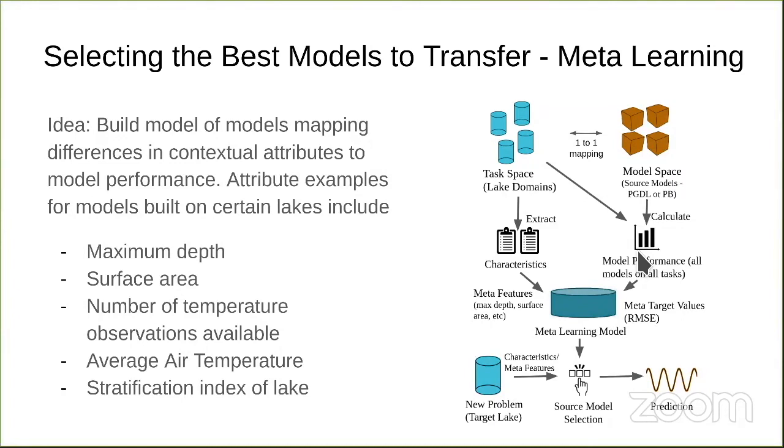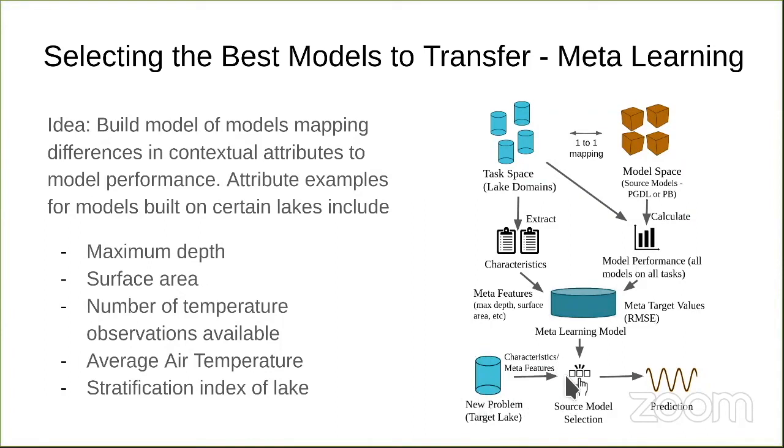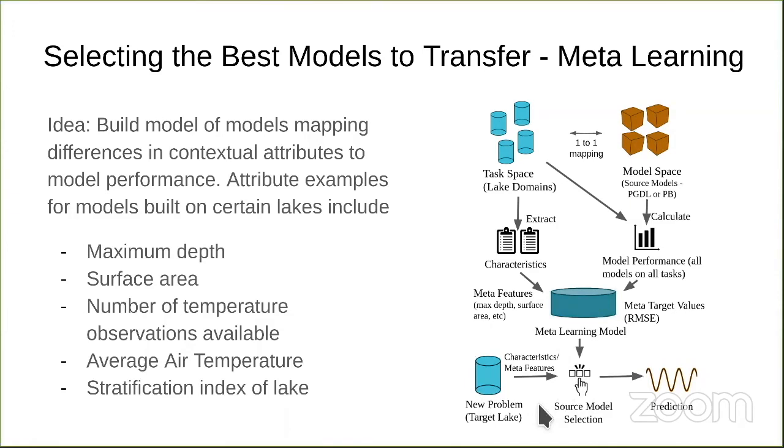Ideally, you would learn systematically things like lakes that have similar depths might transfer well, or lakes with similar surface area might transfer well. Once the meta model is trained, given a new lake, you would use the lake characteristics of that lake to inform the meta model's prediction of which source models would be best transferred to that target lake.